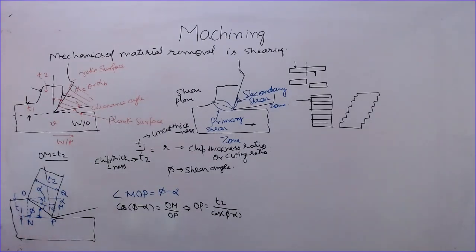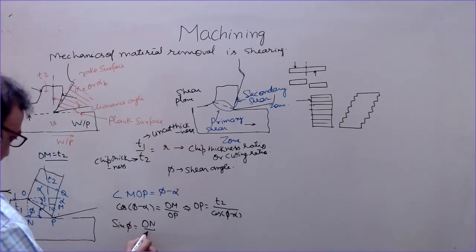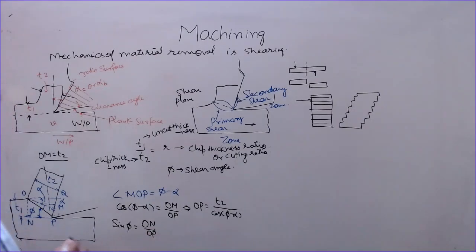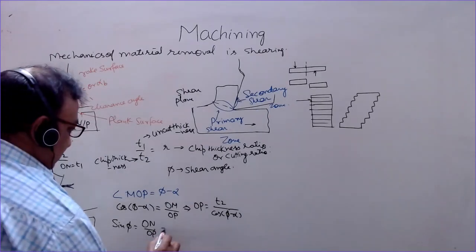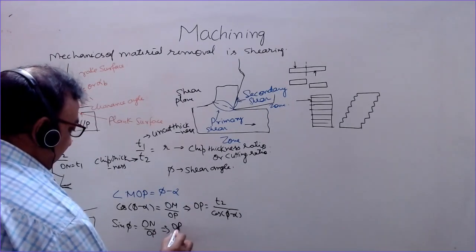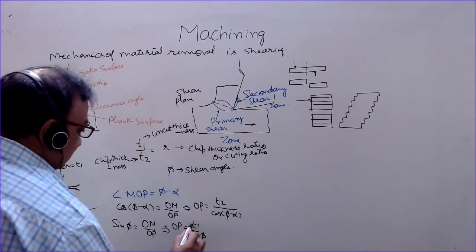Then we can write in this triangle what is sin phi. Sin phi is perpendicular, that is ON divided by OP. ON is T1, uncut thickness, so this gives us OP is equal to T1 by sin phi.